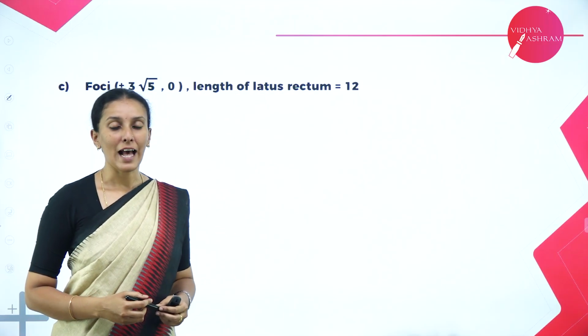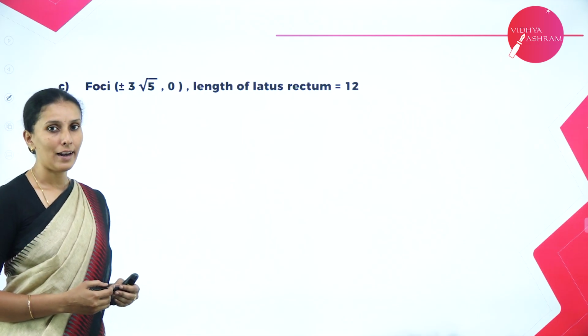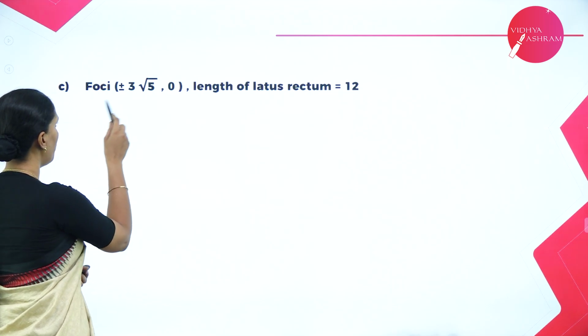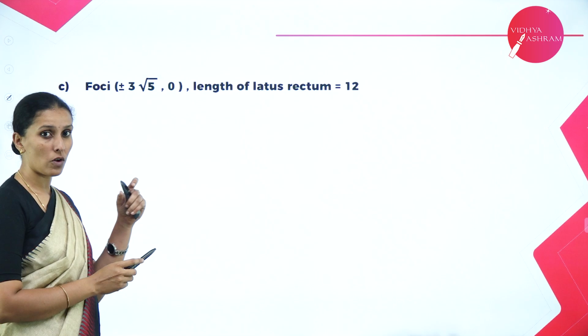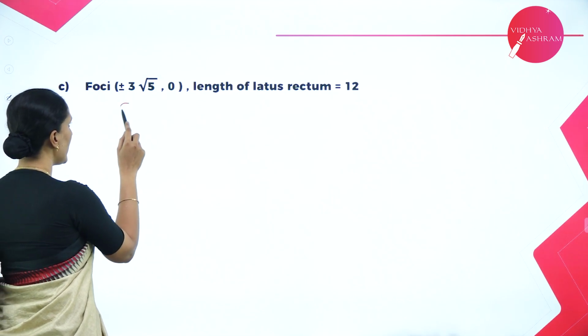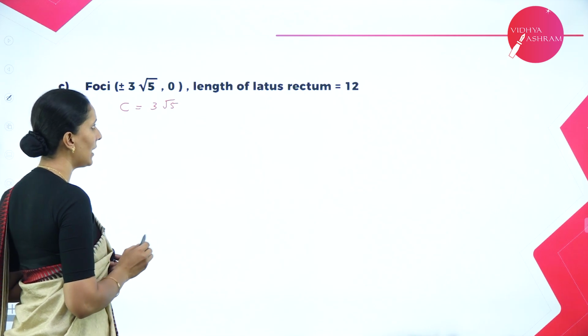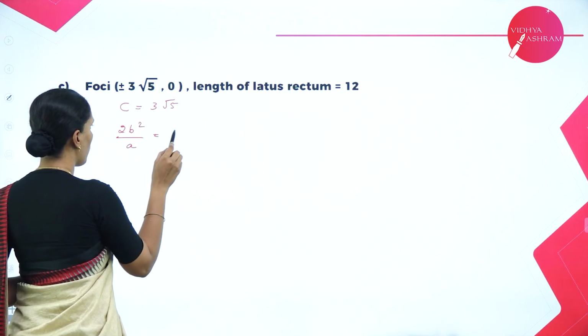So the next one we have foci is equal to plus or minus 3 root 5, 0 and the length of latus rectum is equal to 8. Now we have here foci as 3 root 5, 0, which means the foci lies on x-axis. So therefore c is equal to 3 root 5 here. Also they have given latus rectum 2b square by a is equal to 8.